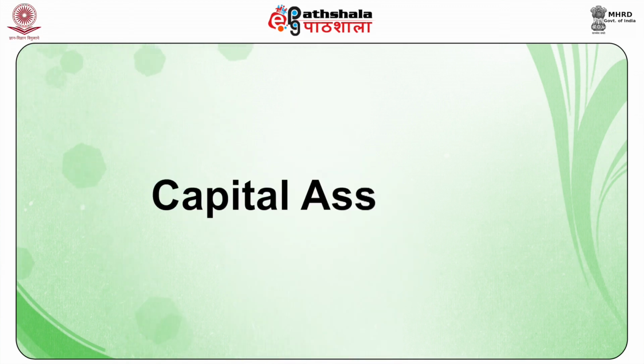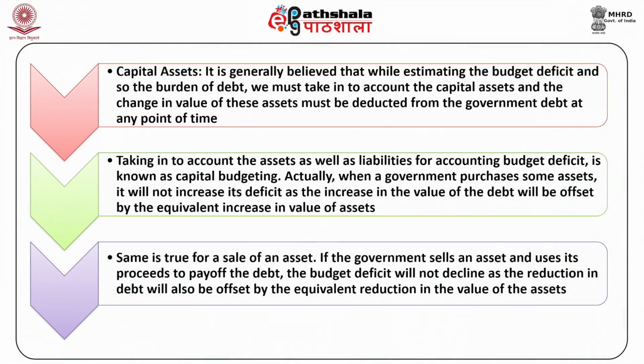Capital assets. It is generally believed that while estimating the budget deficit and so the burden of debt, we must take into account the capital assets, and the change in the value of these assets must be deducted from the government debt at any point of time. Taking into account the assets as well as the liabilities for accounting budget deficits is known as capital budgeting.